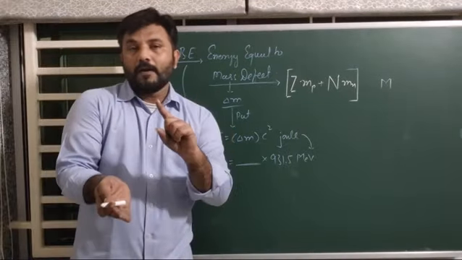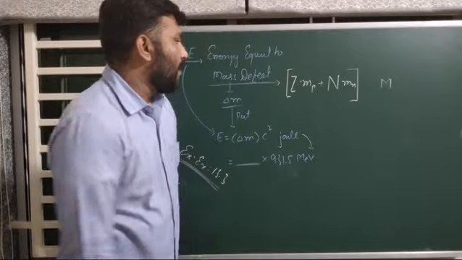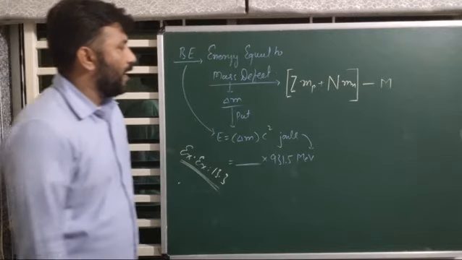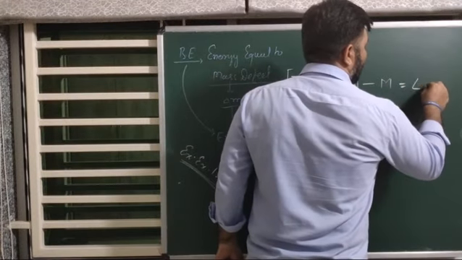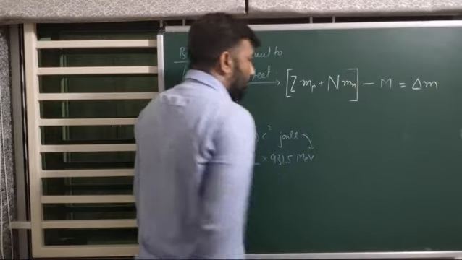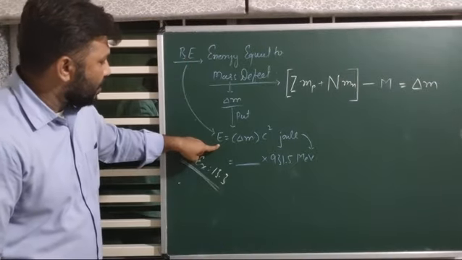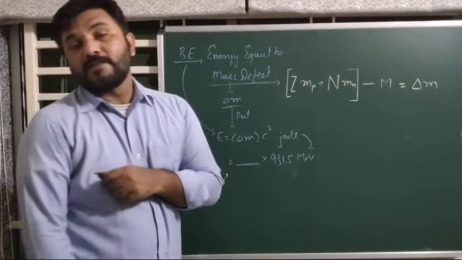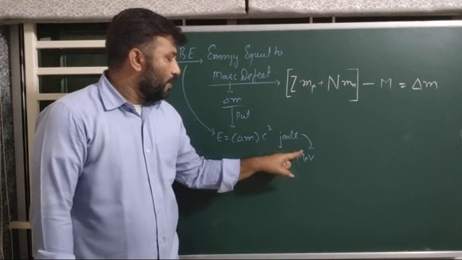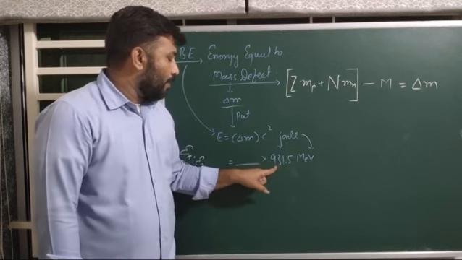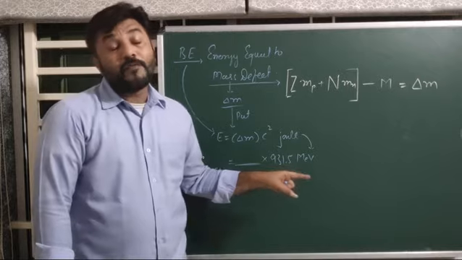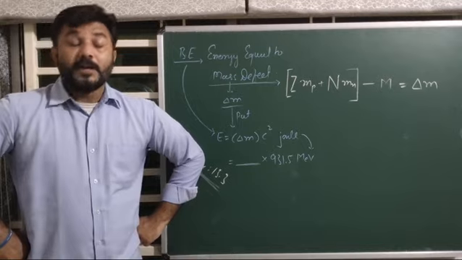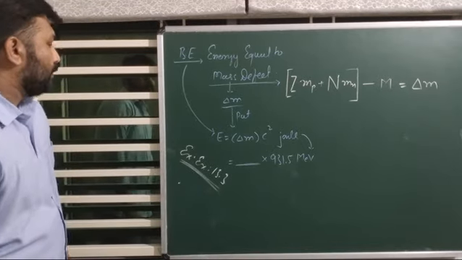So more minus the nucleus mass. This way you can find the mass defect, which has the symbol delta M. Put the value of delta M in this equation and you will get the energy directly in joule. And if you want to convert joule into MeV, then you have to multiply by 931.5. Okay? Clear?